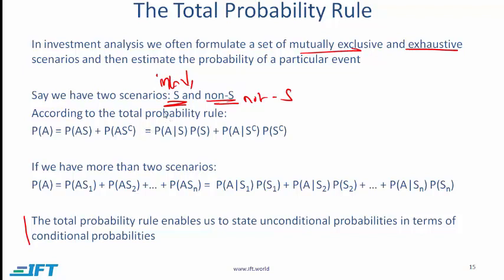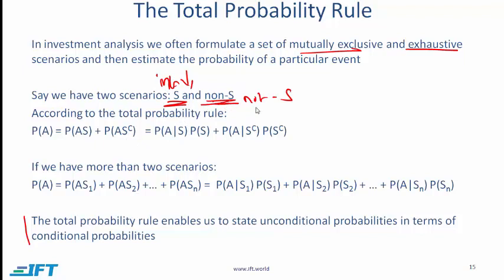According to the total probability rule, the probability of event A, let's say that is the probability of stock price going up, is equal to the probability of AS, which is the joint probability of stock price going up and interest rates going down, plus the probability of stock price going up and interest rates not going down.